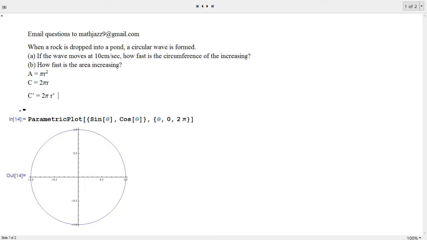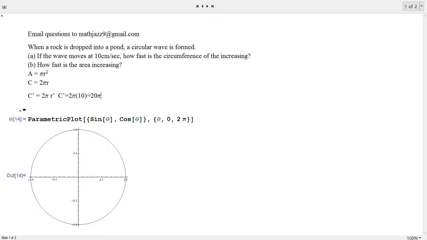Since our radius is increasing at 10 centimeters a second, C prime, that's the circumference, is changing at a rate of 2 pi times 10 centimeters per second, or 20 pi. So that's part A.